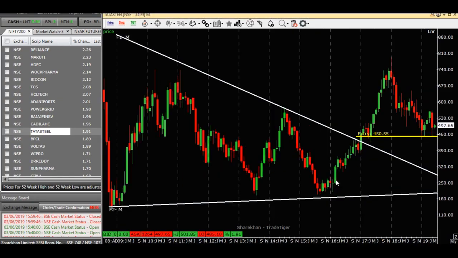Now you guys might be asking, how am I taking these entries, right? I'm just saying that there's an entry here, enter on the breakout, right? Now there are precise ways where we can take entries, where we get precise levels that I will enter only above or below this particular level.